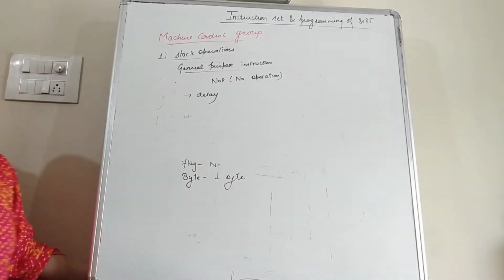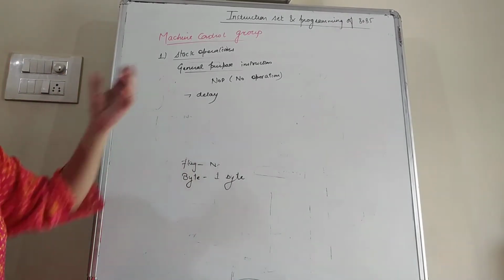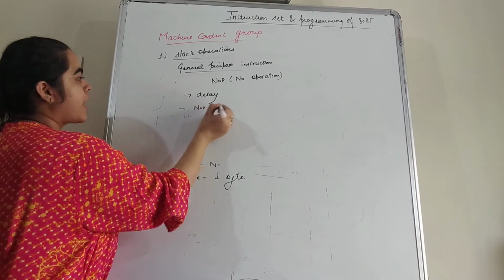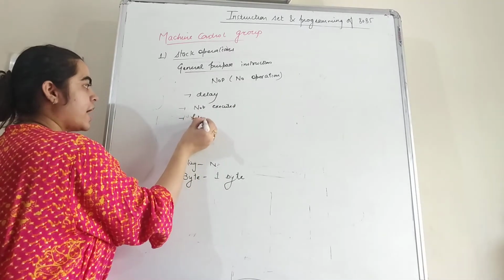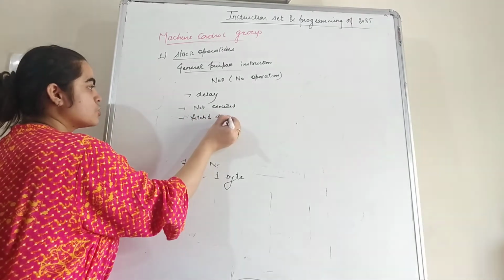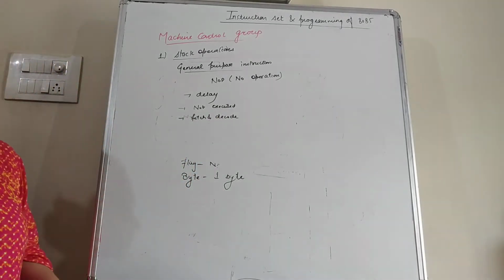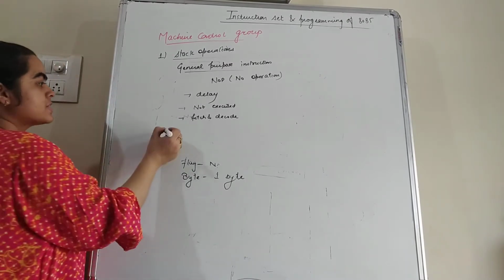Suppose we want to delay our program by a few milliseconds, then we can use NOP. It is not executed by the microprocessor; we only fetch and decode this instruction. So by this instruction we can delay the program execution, and we can do nothing other than delaying loops or delaying the program.